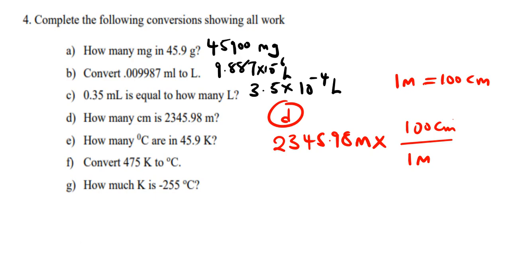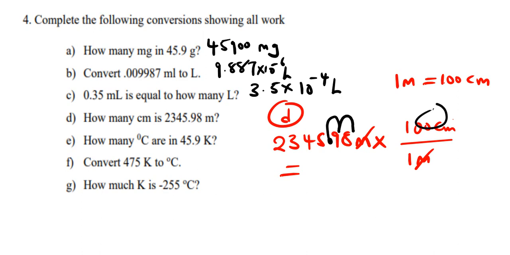Now that we've got this, what do we do? We cancel what is common. We cancel the 1 meter and the 1 meter. And when we do that, what do we have? What we have on top, we are multiplying it by 100. If you multiply by 100, you're able to see that the decimal point is going to move 2 steps, because we've got 2 zeros. So it's going to move 1, 2.